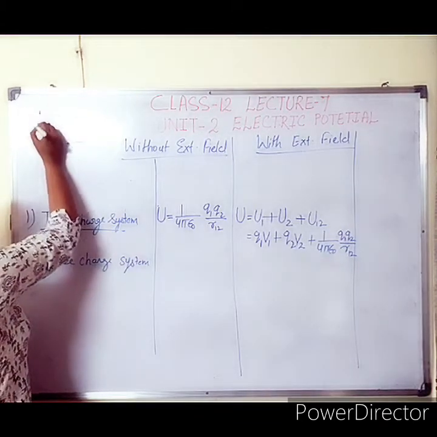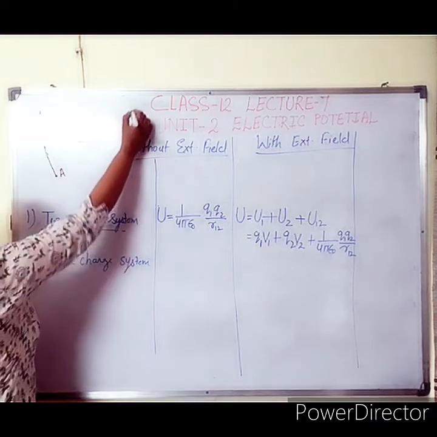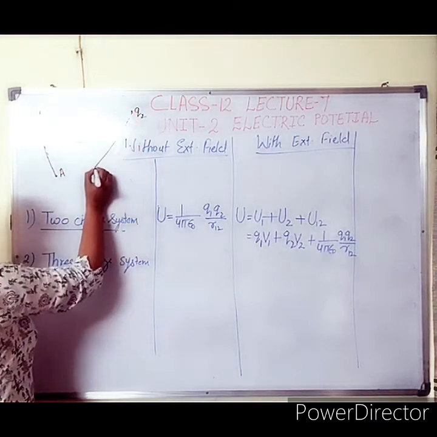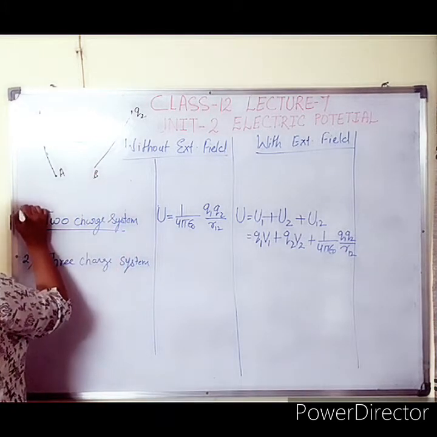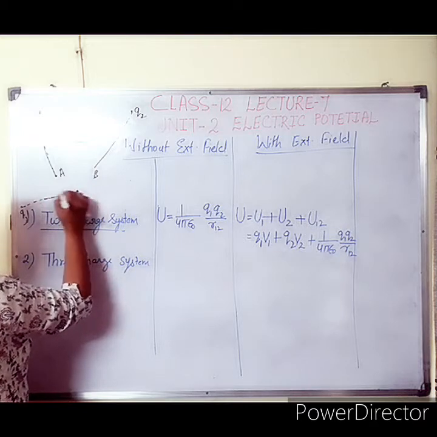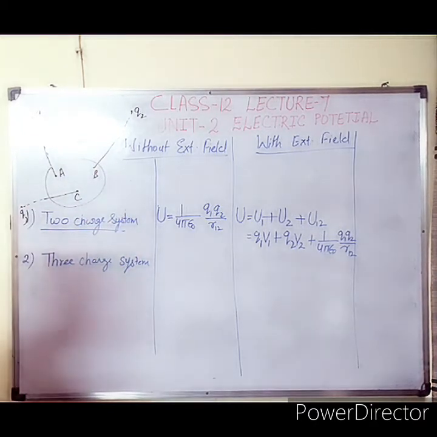One charge Q1 is coming from infinity to a point A. Second charge Q2 is coming from infinity to point B. And third charge Q3 is coming from infinity to point C. And now ABC is a system of three charges.